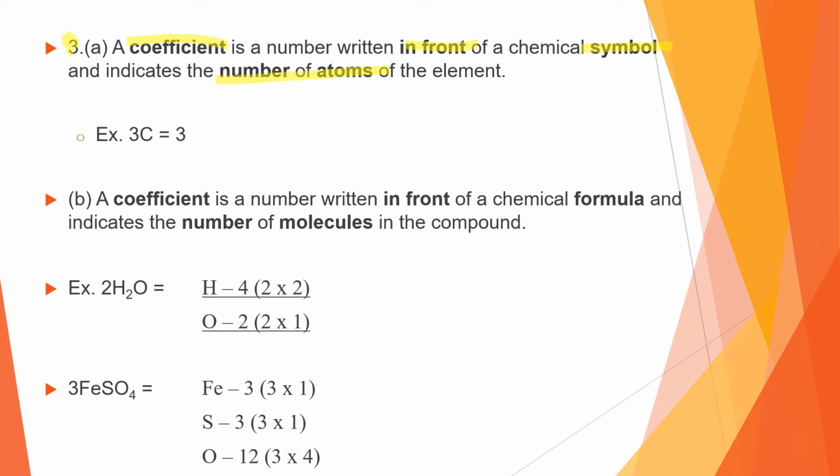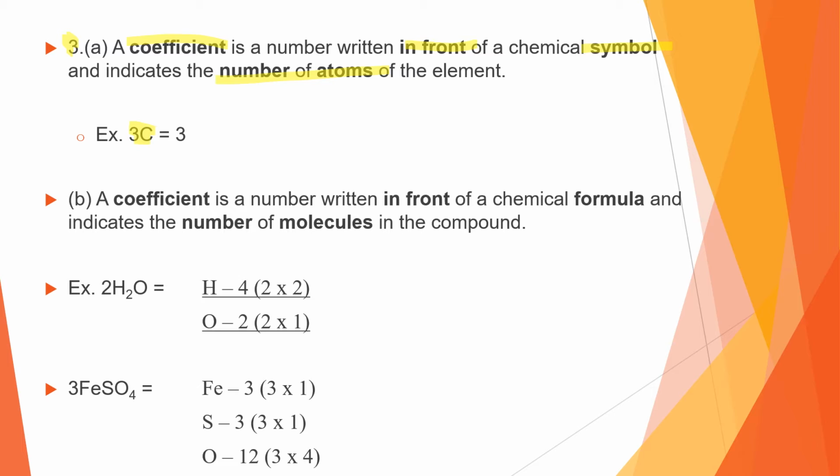So in this case, we have 3 in front of the C. This C represents the chemical symbol for carbon. And now we have a coefficient, a number written in front, not a subscript. That 3 represents the number of atoms of the element. So we have 3 carbon atoms here.